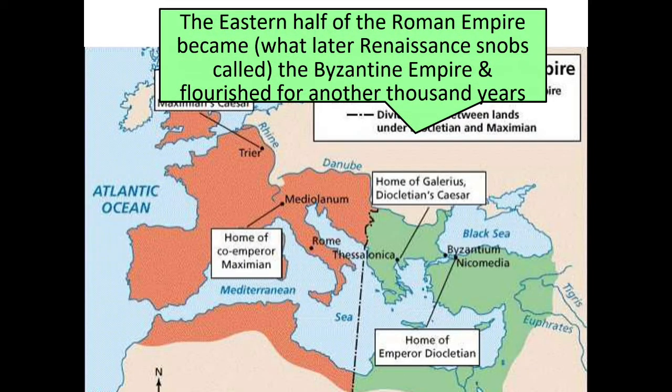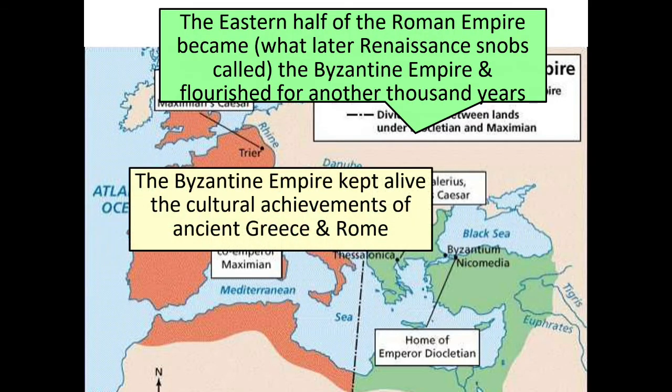The eastern half of the Roman Empire became what later Renaissance snobs called the Byzantine Empire, and it flourished for another 1,000 years. The Byzantine Empire kept alive the cultural achievements of ancient Greece and Rome.